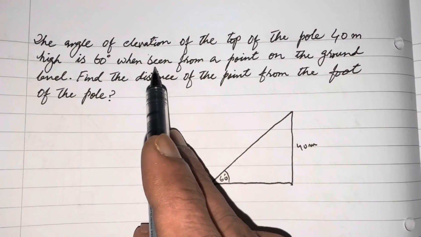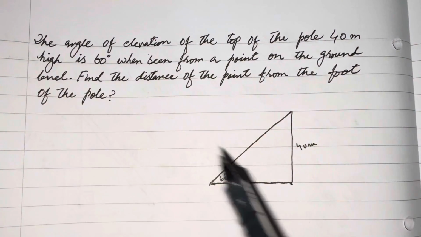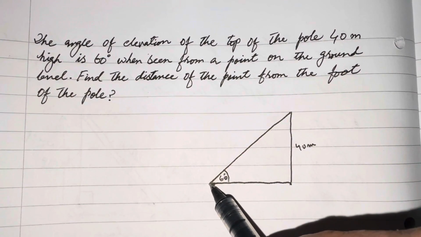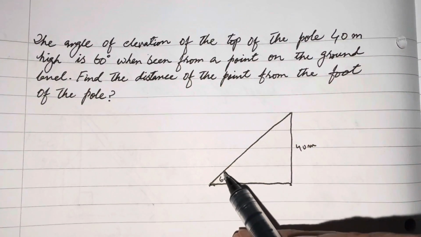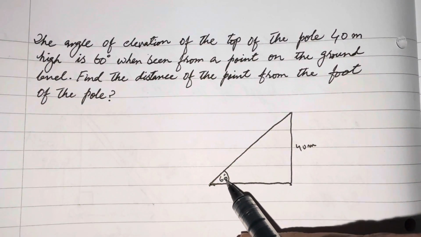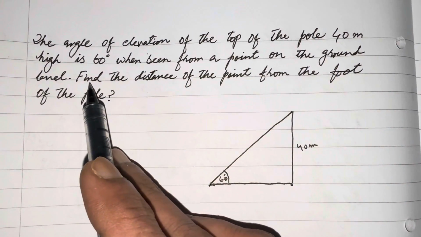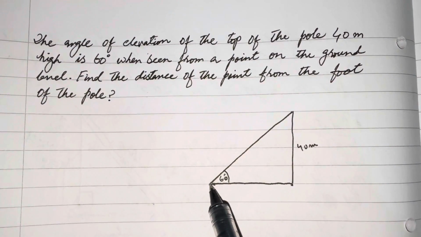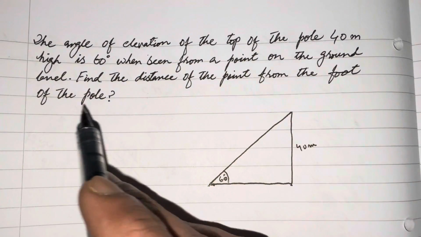So when seen from a point on the ground level, when this point is on the ground level and when we see the top of the pole, the angle making is 60 degrees, called the angle of elevation. Then we have to find the distance of this point from the foot of the pole.